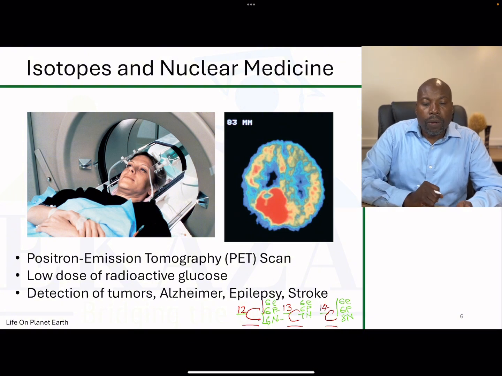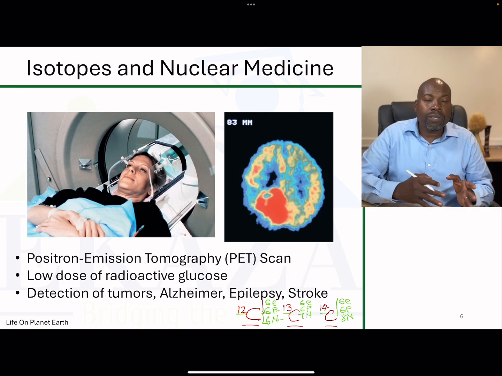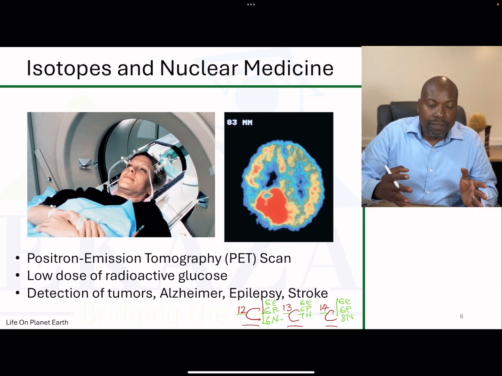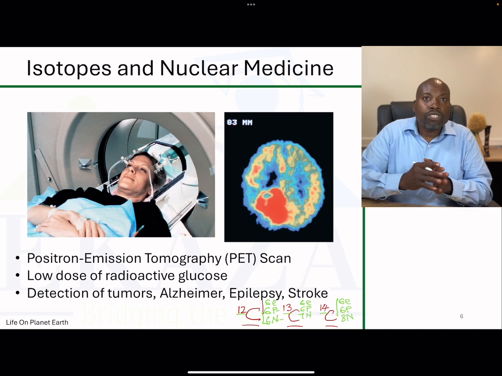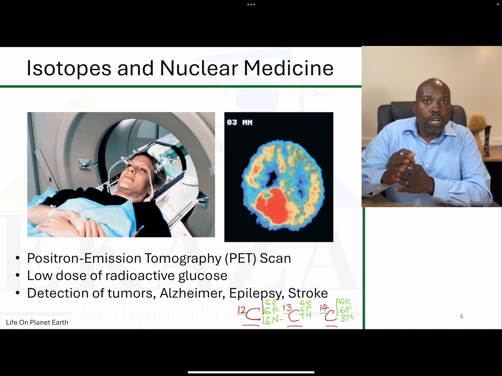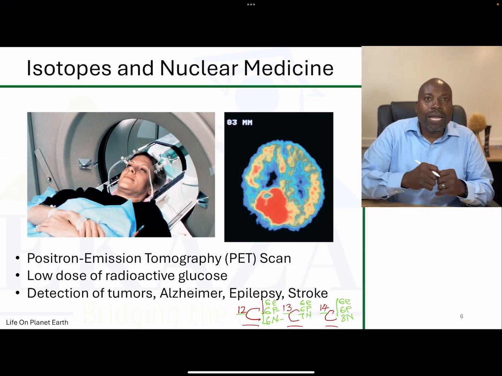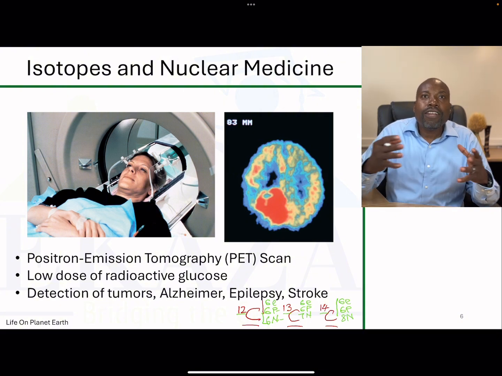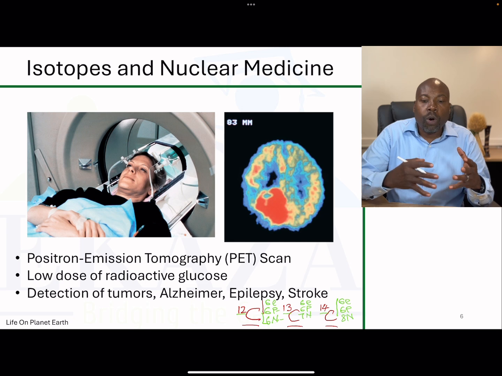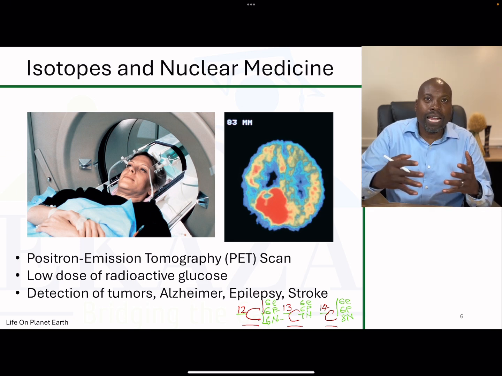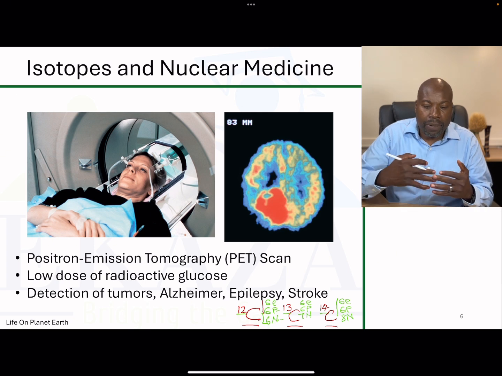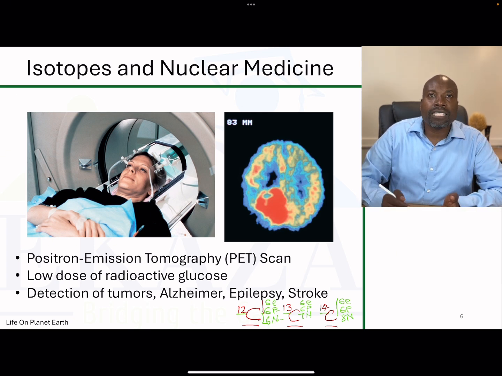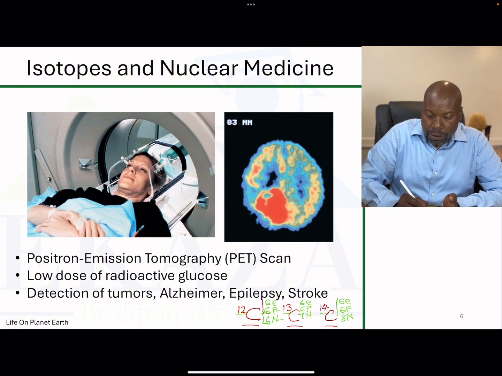Now, some of these isotopes can decay. When they decay over time, they release energy. That energy sometimes can cause disturbances, right? These disturbances, we know them to happen. These are radioactive isotopes.